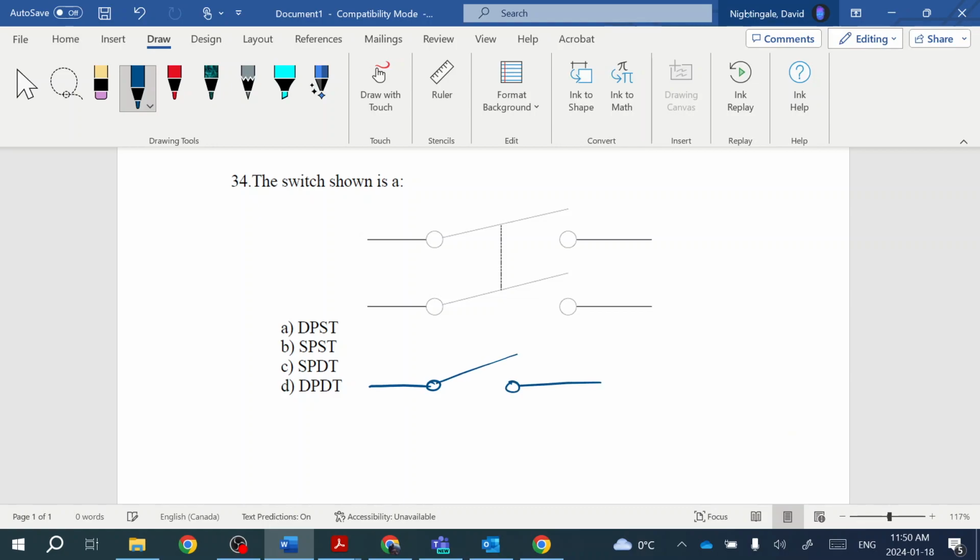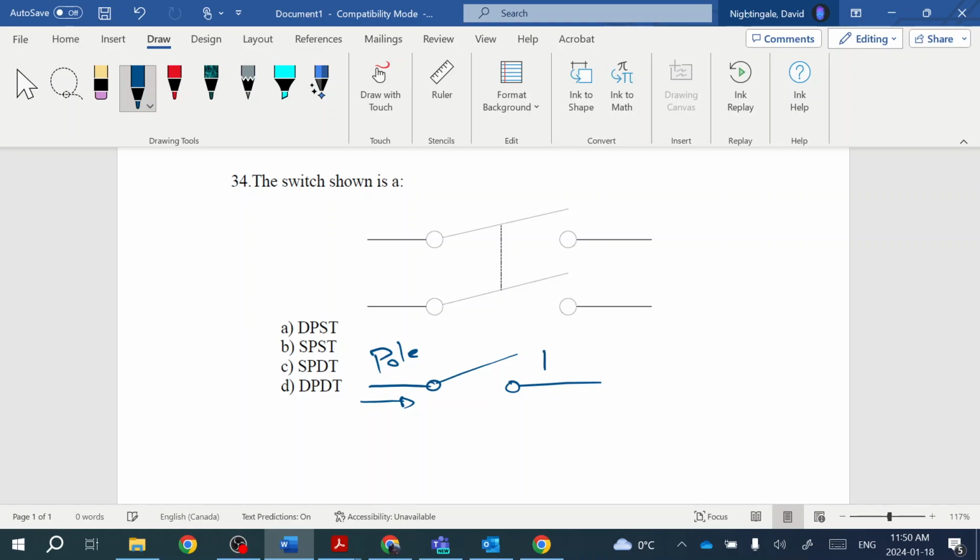and single throw switch. The pole indicates the current paths for that particular switch. In this case, we have one path for current going into the switch, and the throw indicates the positions that the actuator can connect to.